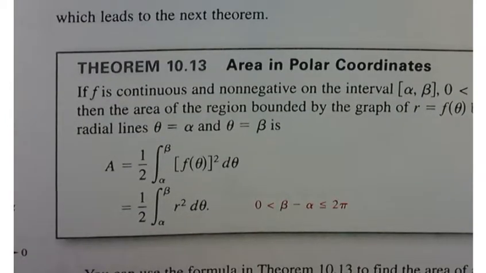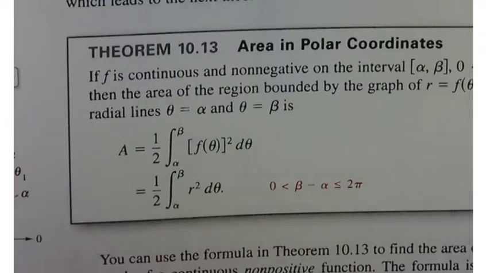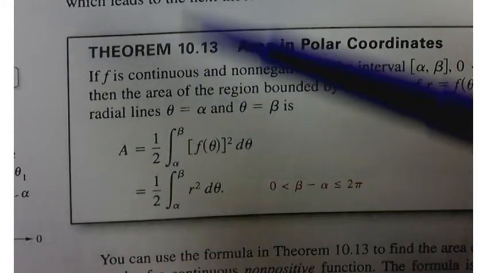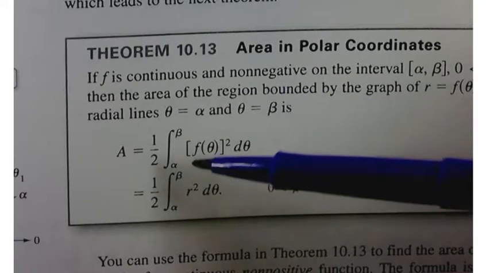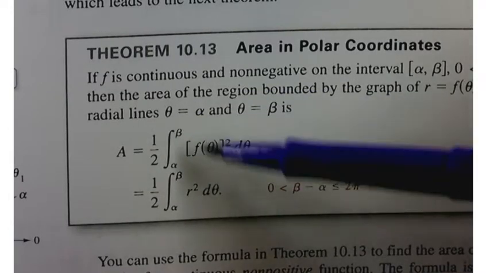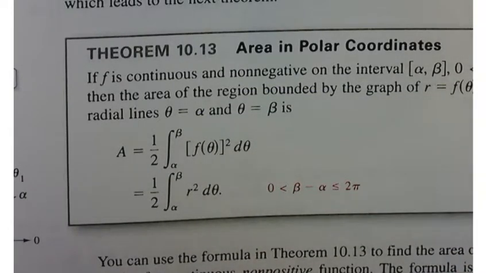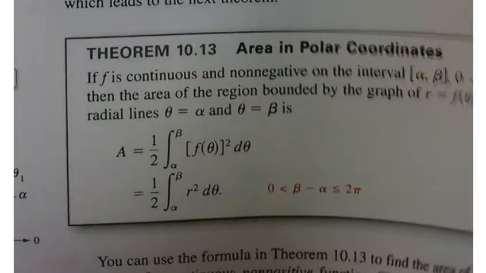And then you end up with the formula that we need, which is the area in polar coordinates. Basically, it's the 1/2, which comes from our area of a sector formula, times the integral from alpha to beta of your r squared, or in this case, f of theta. Same thing. So that's it.